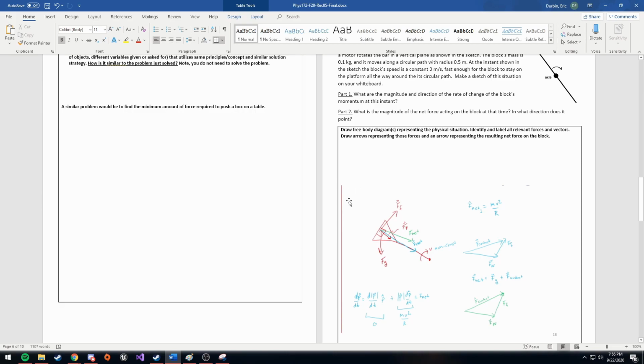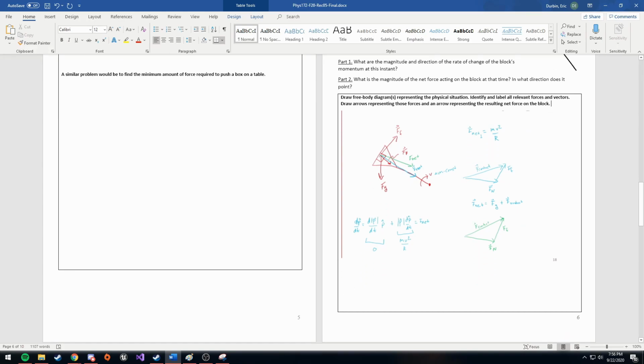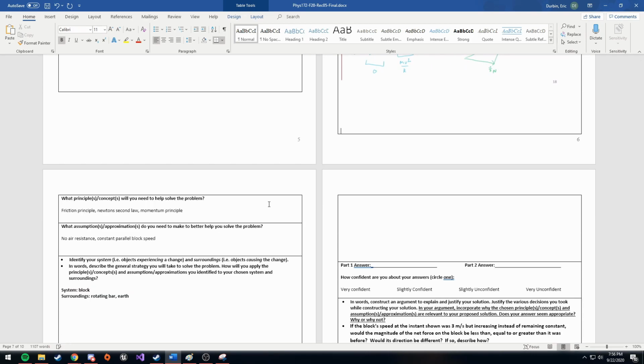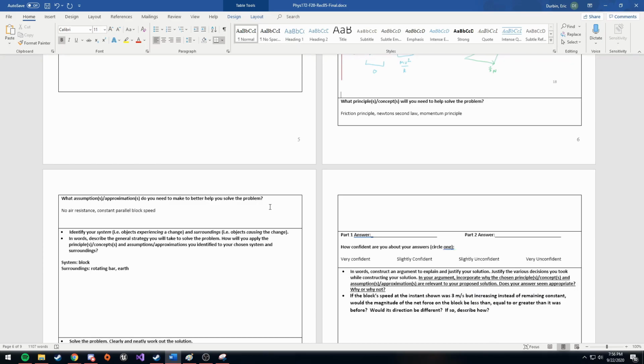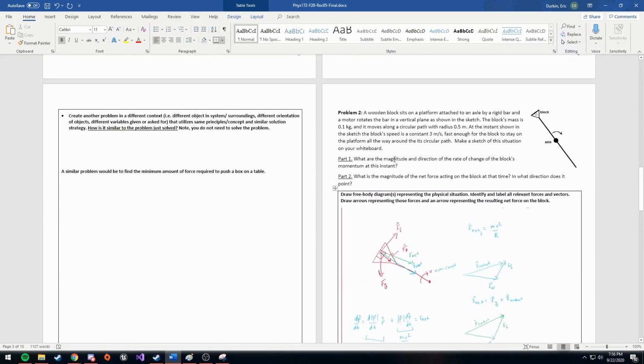So where do we start? Okay, so we need to realize that the only force being applied is a perpendicular force, which is towards the center, and that is because of the normal force. Yeah, the normal force, and that is because the only thing that is changing is the direction. The speed is staying constant. So the magnitude and direction of the rate of change of the block's momentum is the net force in the direction of the center.